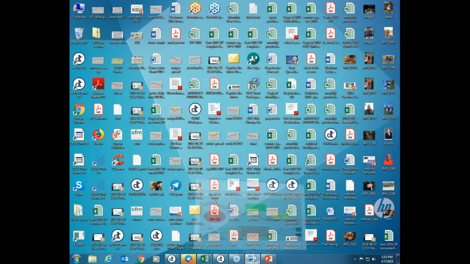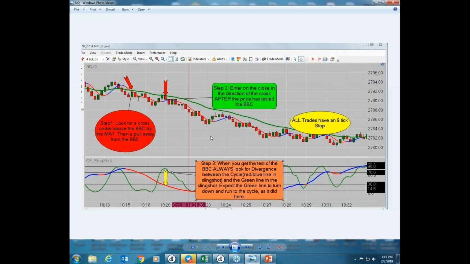Now, the question might be, well, when do we get out of this thing? When is it time to take profit? The time to take profit is here. The cycle is trending lower, the green line's pulling away, and ultimately what we expect to happen is the green line to get into the cycle and touch it.